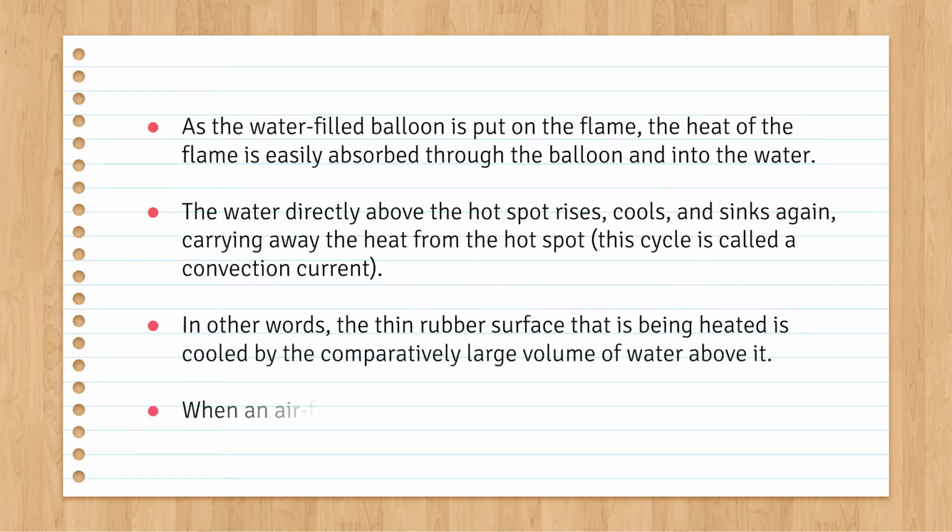In other words, the thin rubber surface being heated is cooled by the comparatively large volume of water above it. This cooling process continues until either all of the water in the balloon becomes too hot or until a far more concentrated source of heat, such as a blowtorch, is applied to one small area on the balloon.